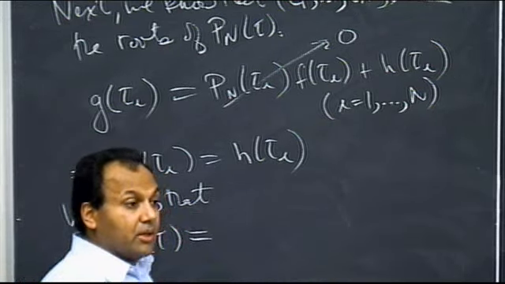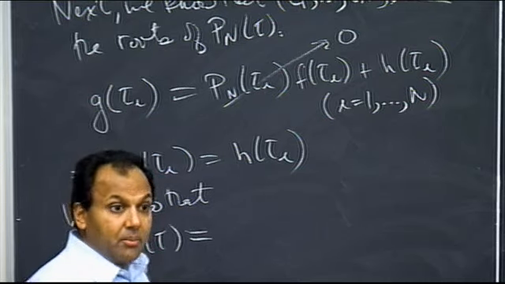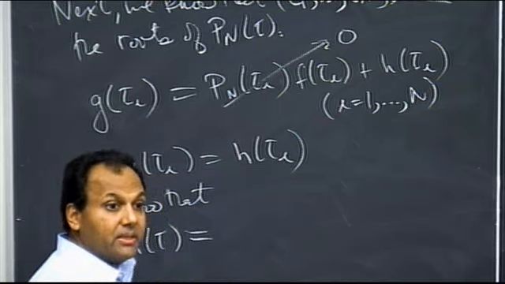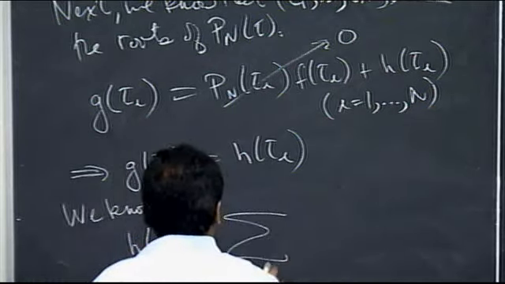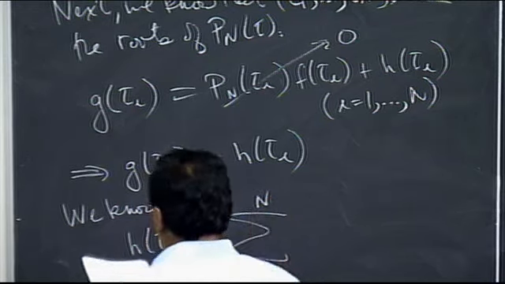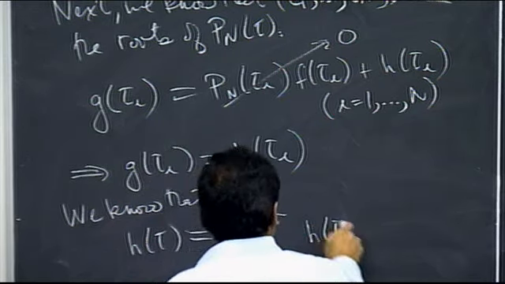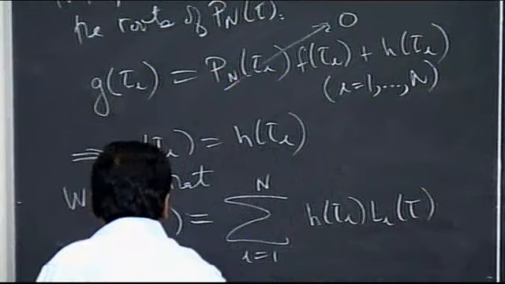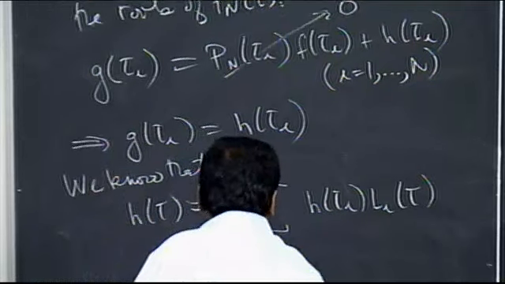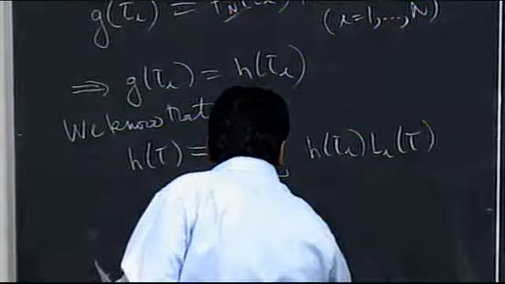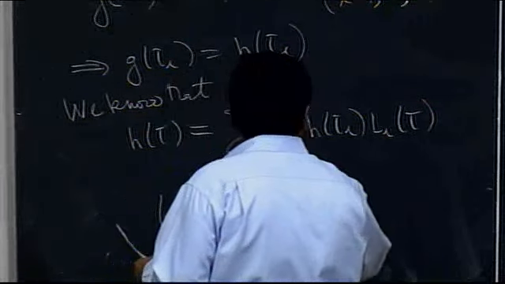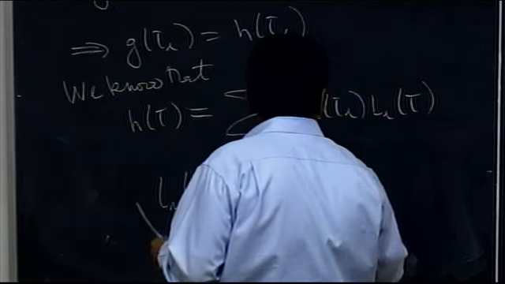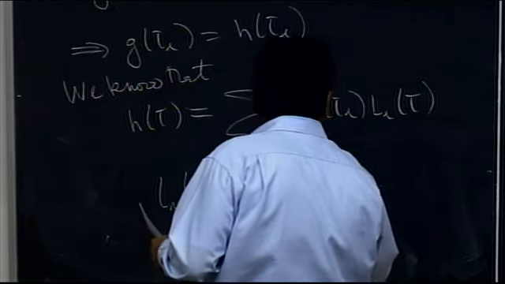So I can replace it with another polynomial of degree at most n minus 1, a Lagrange polynomial basis where I use the support points tau 1 through tau n. So this is equal to the sum from I equals 1 up to n of h of tau I times Li of tau, where Li of tau are the same Lagrange polynomials that I defined before: the product over j equals 1, j not equal to I, to n, of tau minus tau j, all divided by tau I minus tau j. These are all taus.